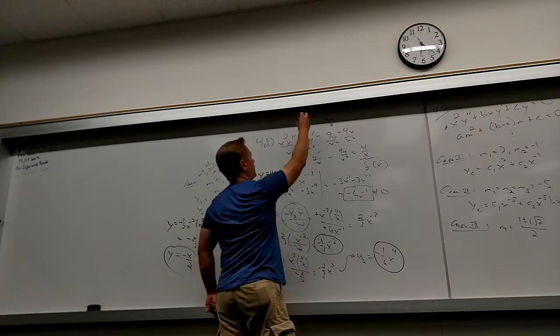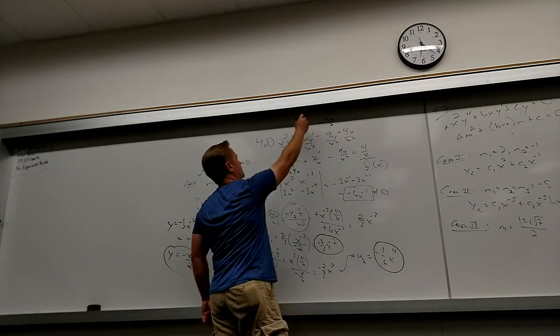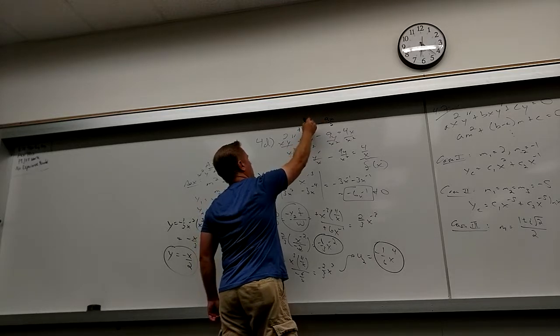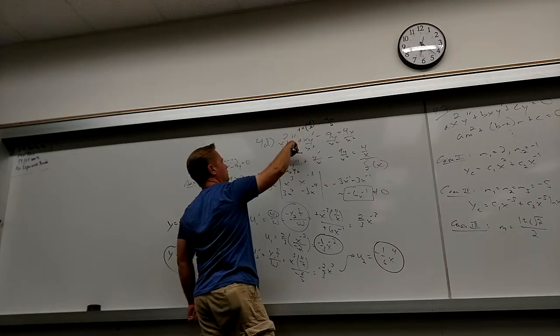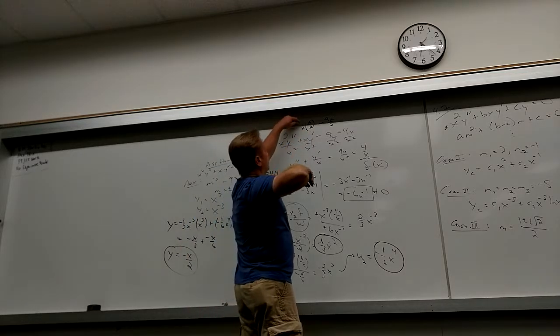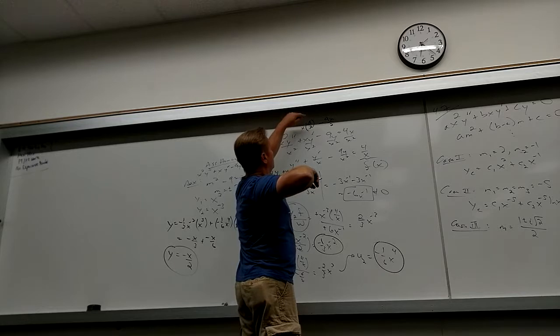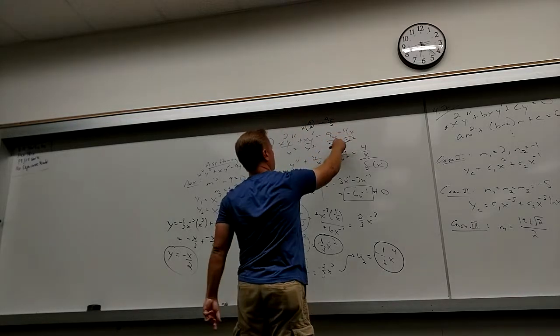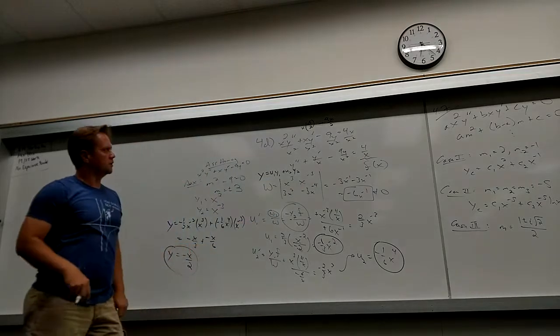Plus x times y prime will just be negative 9 over 2. What's y double prime going to be? 0. So let's see, I get negative 9/2 x minus 9/2 x is negative 9x, which is not quite 4x. Isn't it 1/2?